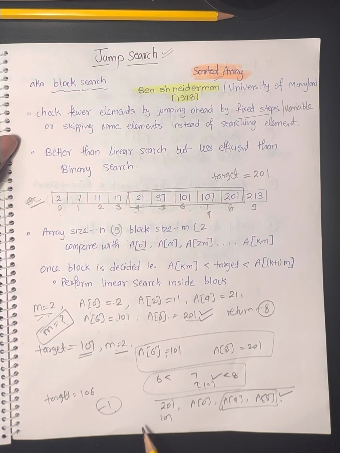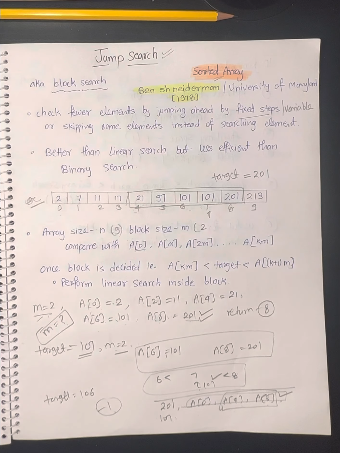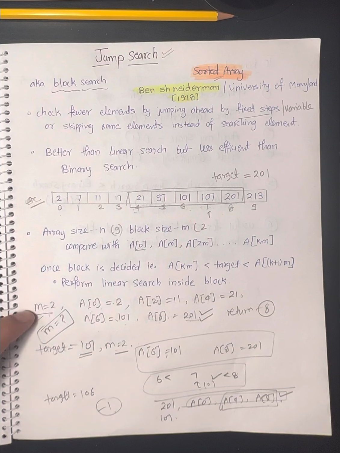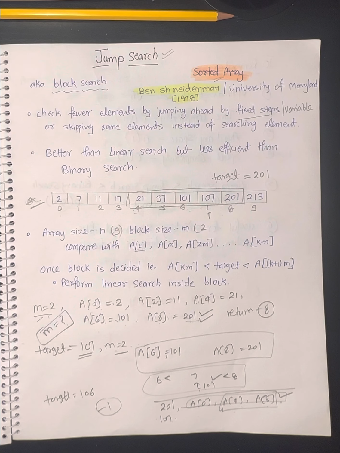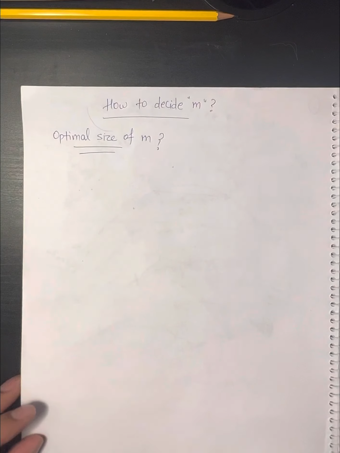But if we keep m equal to 4, in this case here, we had only 3 comparisons. So what is the best way? Should we use 2 or 4 or maybe 5? Or maybe we can keep the block size as 6. How do we decide the best block size so the searching can be more efficient?